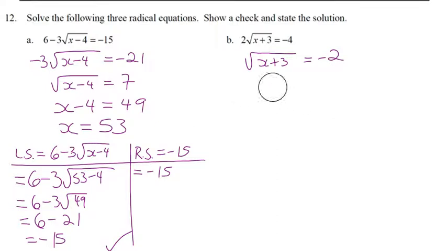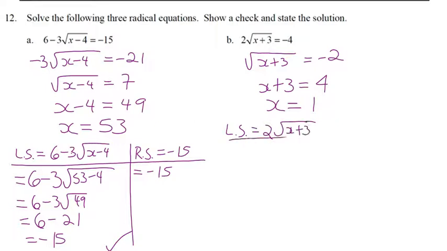We square both sides and get x plus 3 is equal to 4. We subtract 3 from both sides and get x equals 1. We want to check this. Left side is 2 times the root of x plus 3.